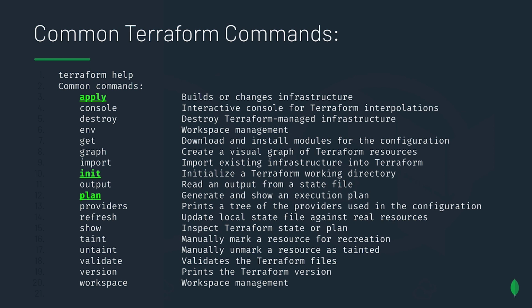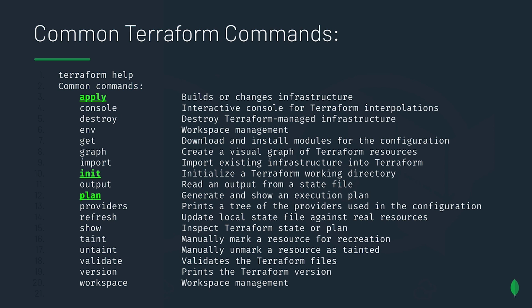So there's some common commands that we use when we're deploying infrastructure using Terraform. This is the help output. There are a lot of commands there, but there are 3 main commands that we're going to use today. We'll start from the middle actually. So init is an initializer. It will initialize Terraform in the current working directory.